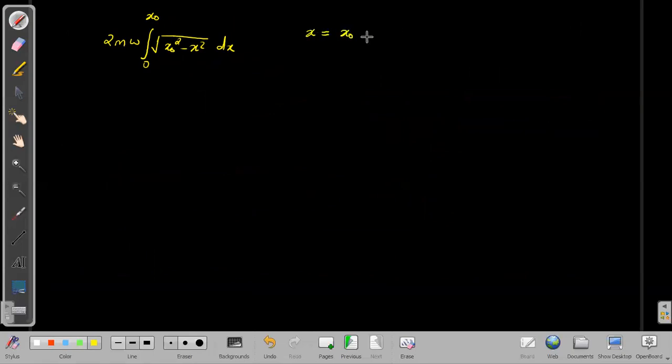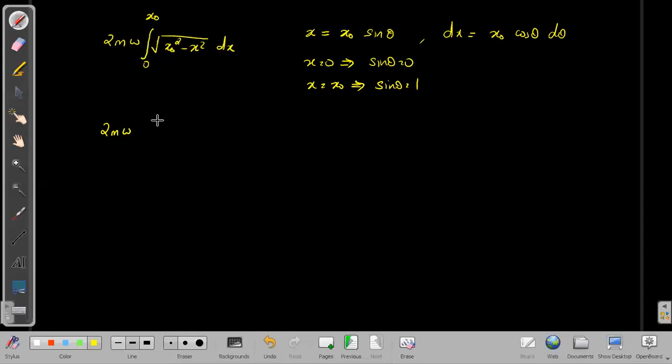I can write x equal to x0 sine theta, and hence dx becomes x0 cos theta d theta. x equal to 0 implies sine theta equal to 0, so theta equal to 0, and x equal to x0 implies sine theta equal to 1, so theta equal to pi by 2.